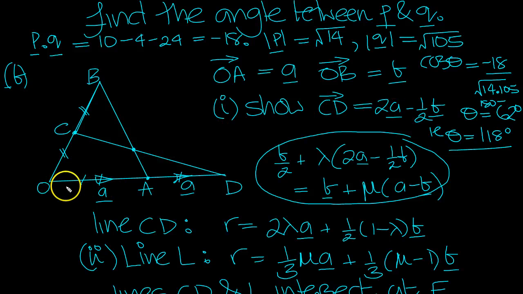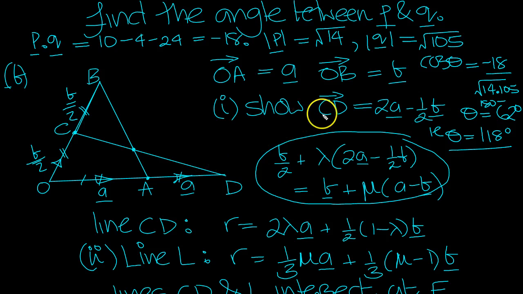So here's the diagram. OA is A, so there's another A there because A bisects OD, and C bisects OB, and this is the whole of B, so this little bit here up to C will be B over 2, and this will be B over 2.